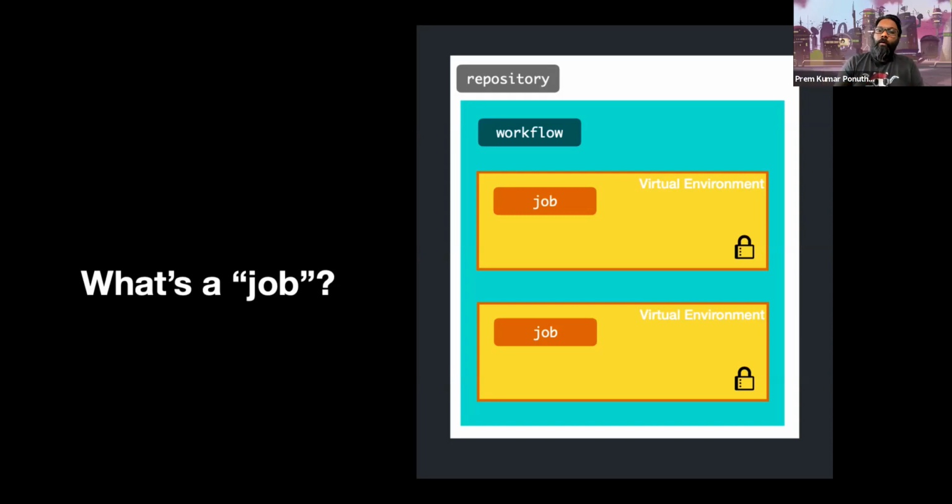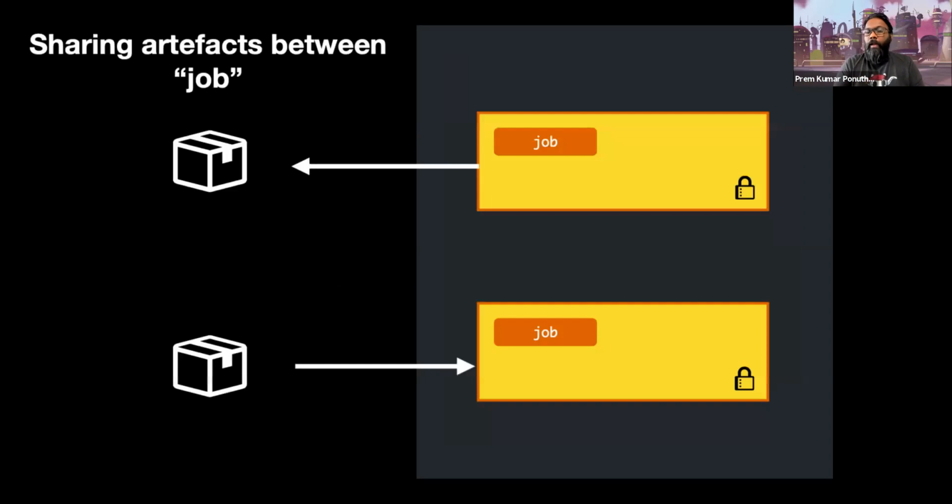All right. So in our next example, what we are going to be doing is we are going to create two jobs. The first job is going to utilize an action called upload artifact. What it's going to do is it's actually going to build the npm package, the repository, the tic-tac-toe game.